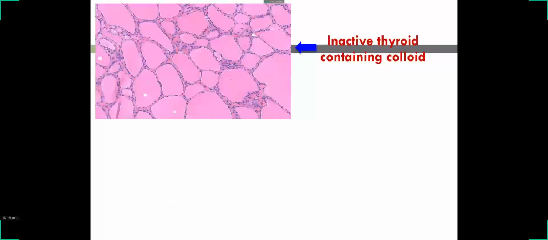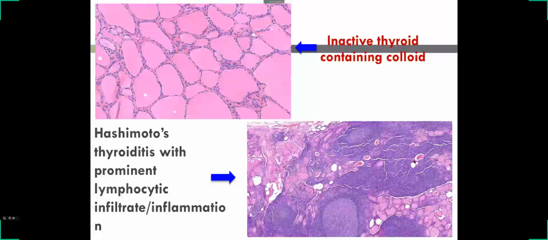So here's an inactive thyroid that contains a large amount of colloid, okay? And then here is that infiltrate that I mentioned to you, just to compare. So this is Hashimoto's thyroiditis with prominent lymphocyte infiltration and inflammation, okay?